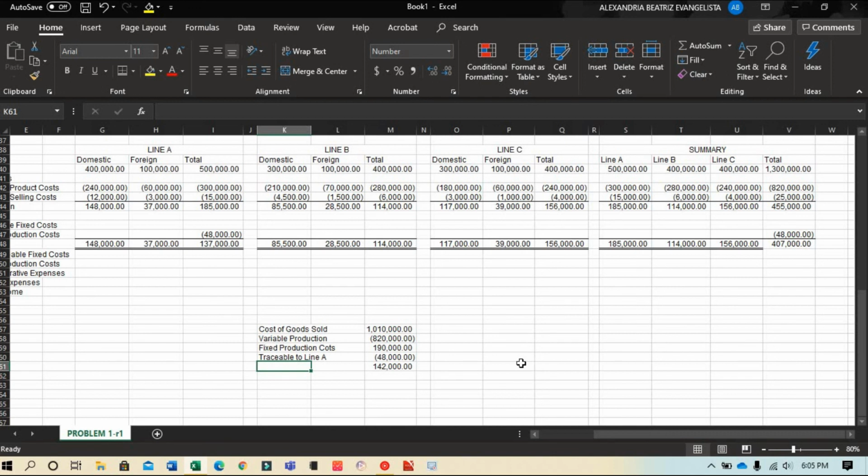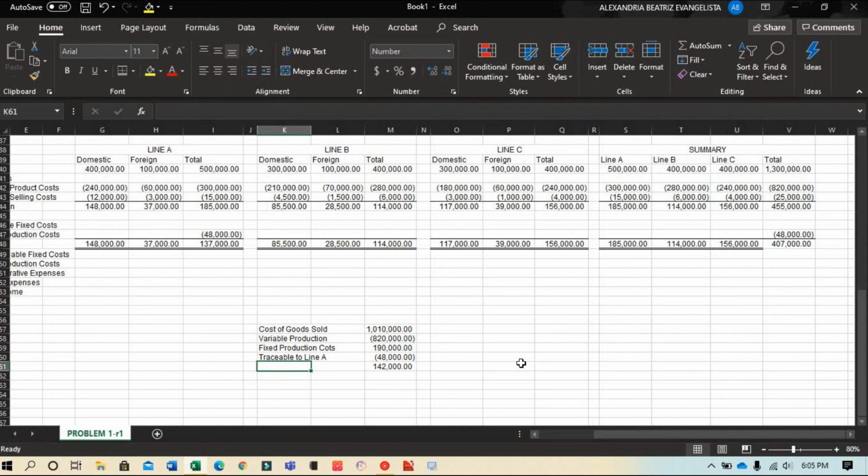And then if you're going to ask me, isn't it stated in the problem that the 142 is for both products B and product C? Yes, it is. However, it is said in the problem that products B and product C are made in a single factory and require the same machinery.